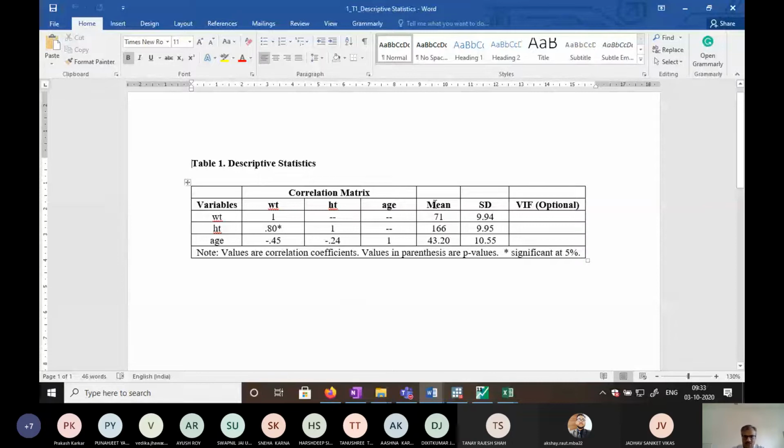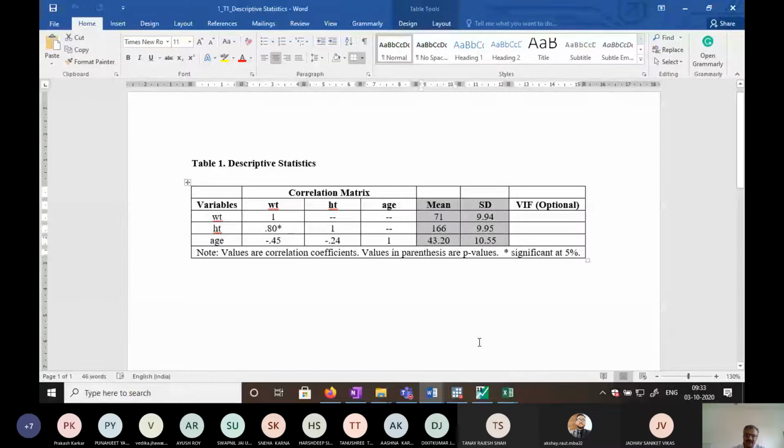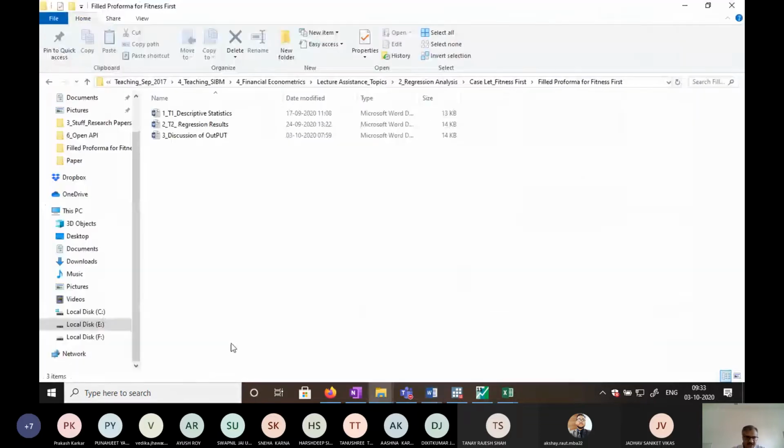In addition to that, two more statistics, mean and standard deviation, have also been calculated and reported in the descriptive statistics table. If there are more than two independent variables, we could add rows and extend it to that number of rows as per our number of independent variables. So that is what we have discussed.